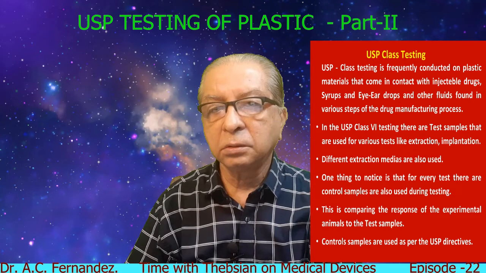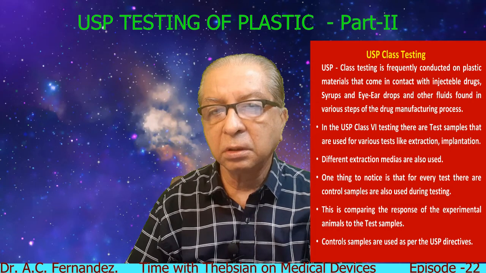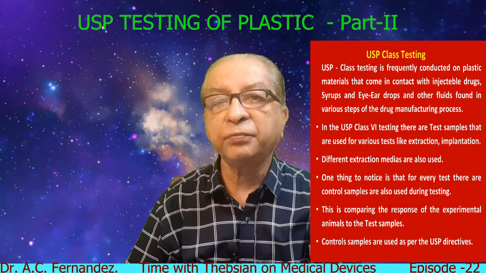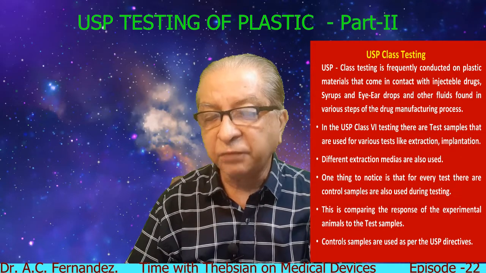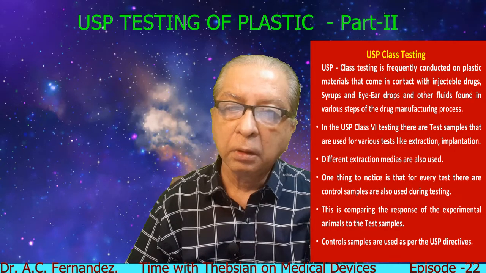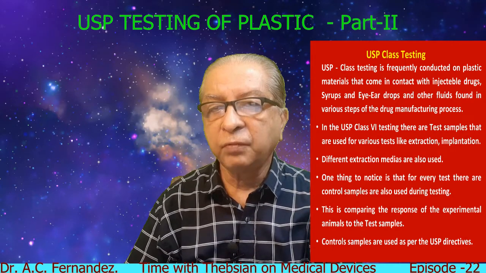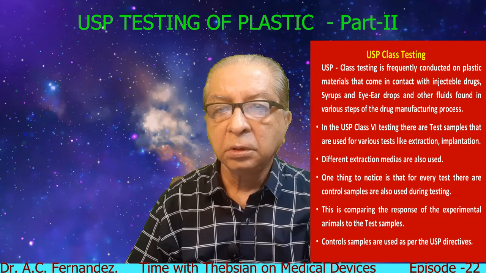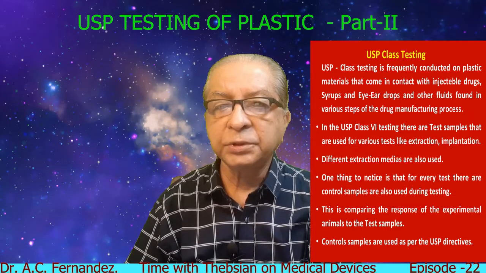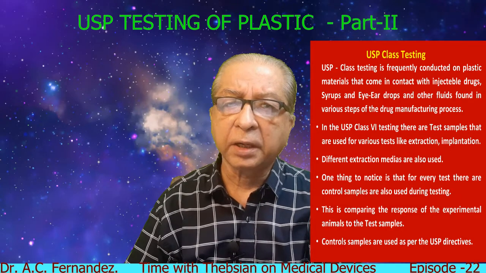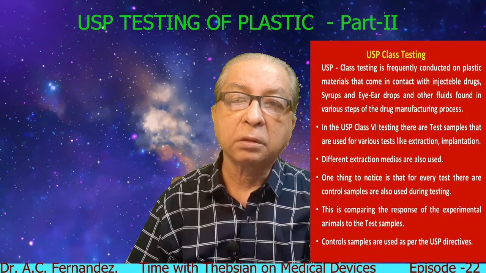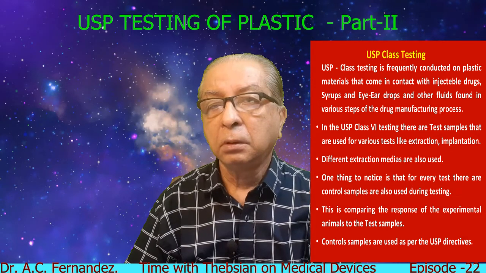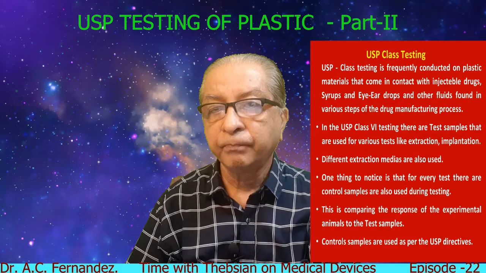Here, plastics are tested for their compatibility, non-toxicity and safety. Because we can see that many of the eye drops, cough syrups, many other drugs and food are stored or packed in plastic containers.